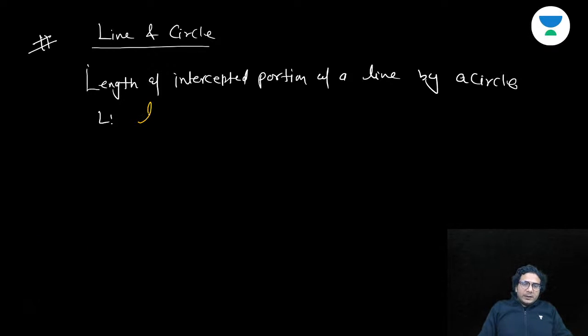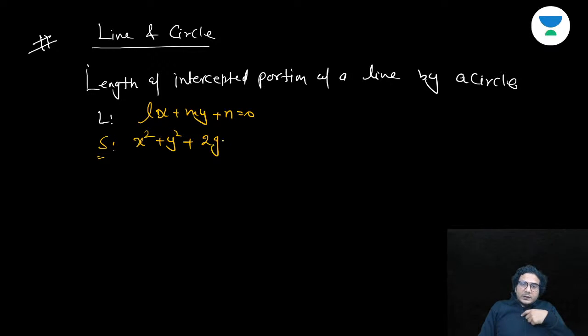So the line is given as lx plus my plus n is equal to 0, and circle, 2-degree curves are generally represented by S. So the equation of the circle is x square plus y square plus 2gx plus 2fy plus c. Now we should have the habit of writing the center and radius of this general equation. Although (x minus x1) square plus (y minus y1) square is equal to r square is more relatable, in that we can see the center and radius clearly.